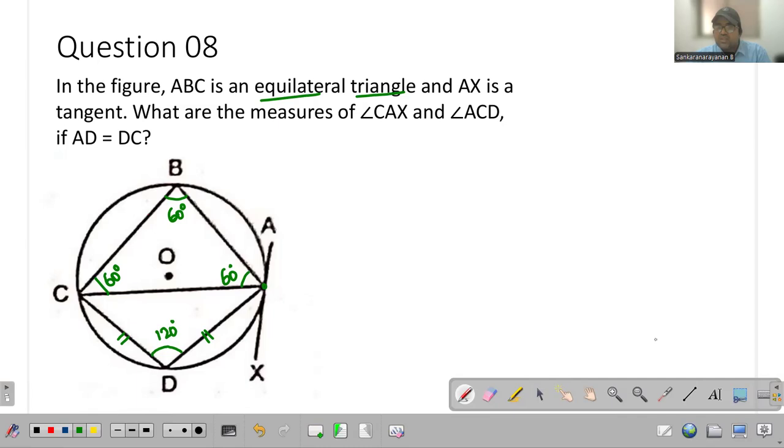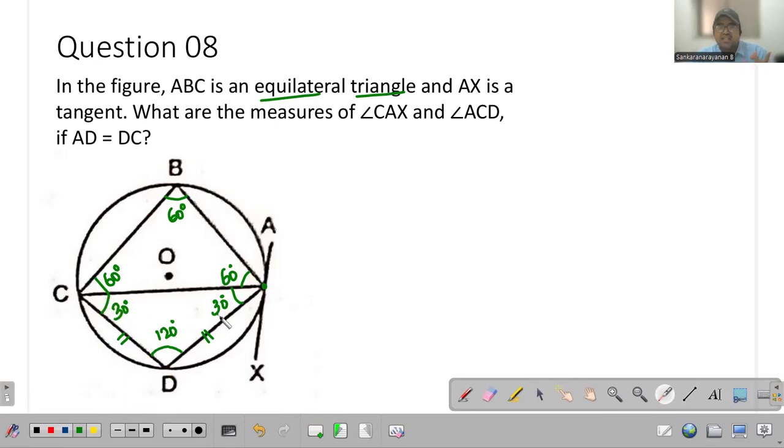Got it? And in the question, it is further given that CD and DA are equal. These two sides are equal. So since this is 60 degrees, can I not consider that this has to be 30 degrees and this has to be 30 degrees? Yes or no? That 60, I'm dividing it equally, 30, 30, because this triangle DCA is isosceles.